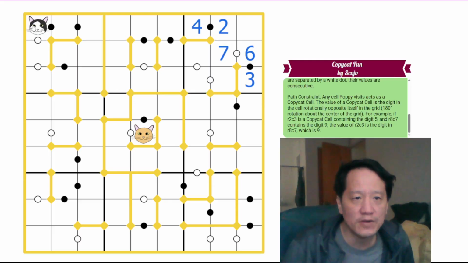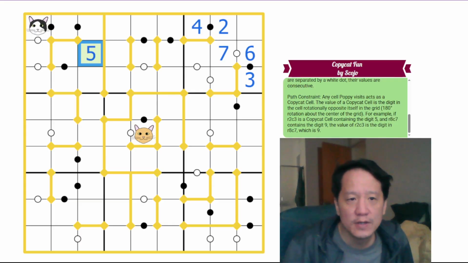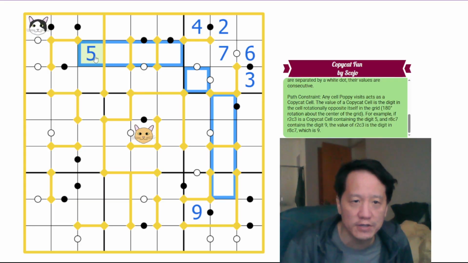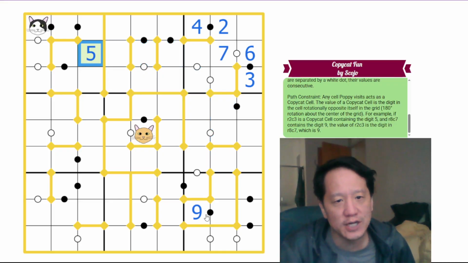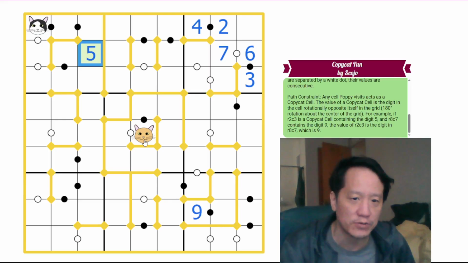For example, if row 2, column 3 is a copycat cell containing the digit 5, and row 8, column 7 contains the digit 9, the value of row 2, column 3 is the digit in row 8, column 7, which is 9, right? So you rotate the grid 180 degrees, and the digit that's where this cell would be is the value of the copycat cell.